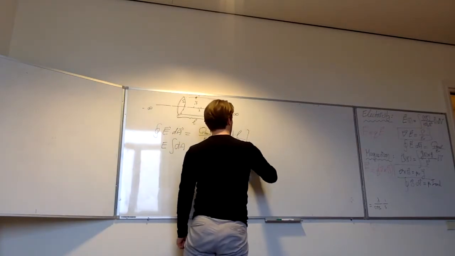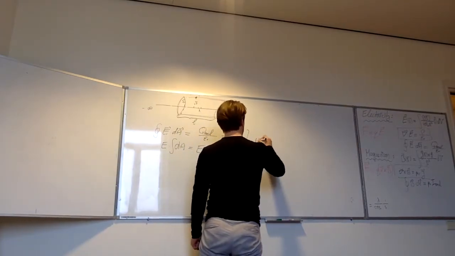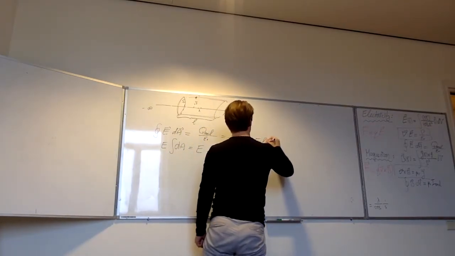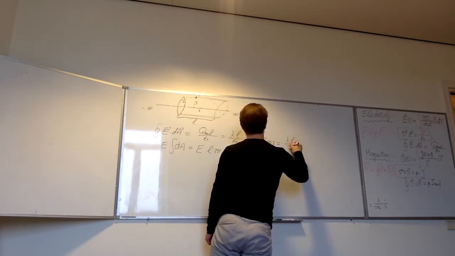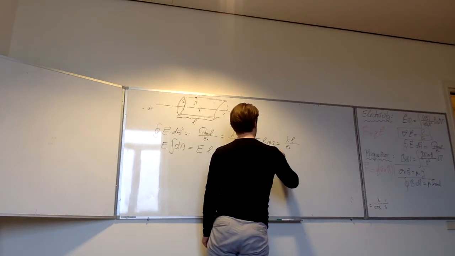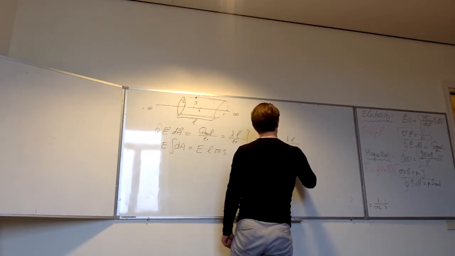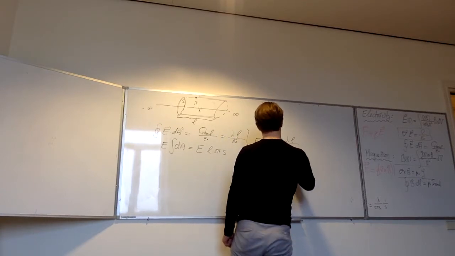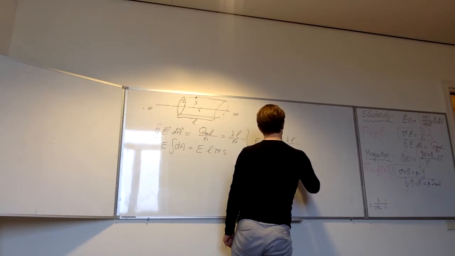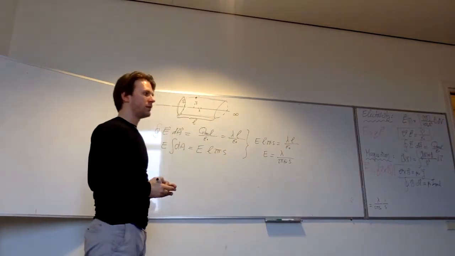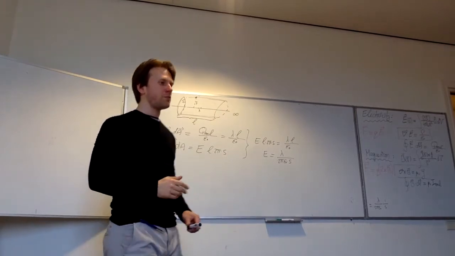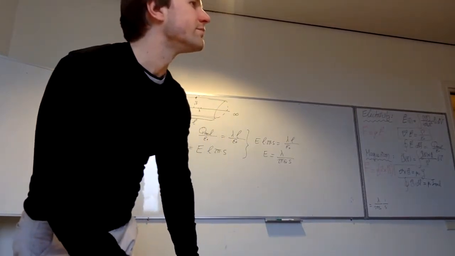Now these two should be equal to each other, so it gives us that E times L times 2 pi s should equal lambda times L divided by epsilon 0. Clean up a little bit. We get lambda divided by 2 pi epsilon 0 s. That's what we had before. Same expression. That was easy.